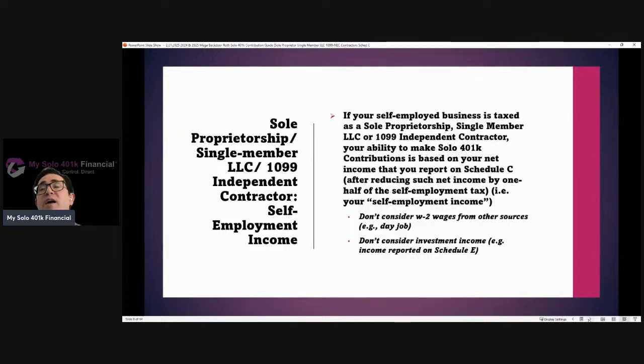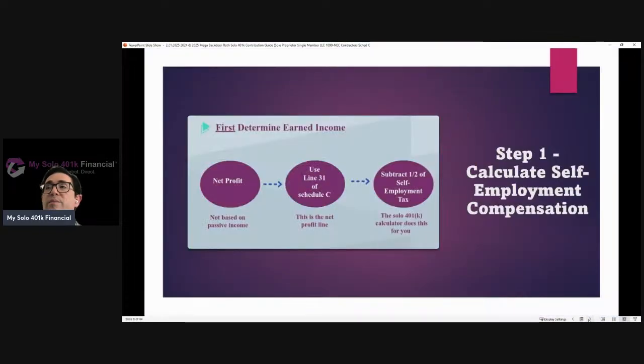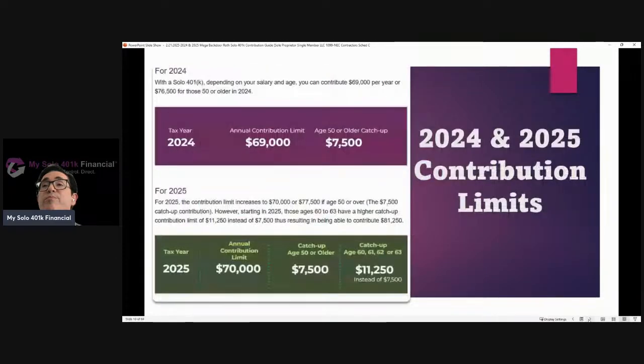Now, of course, you cannot consider W-2 wages from other sources like a day job. You can't consider investment income, such as income reported on Schedule E. Here's a good visual that just shows how you start out with line 31 of Schedule C, less 1/2 of the self-employment tax. Now, we have an online calculator that will help run that pre-calculation. And we are educating our customers every day, helping them determine how much they can contribute.